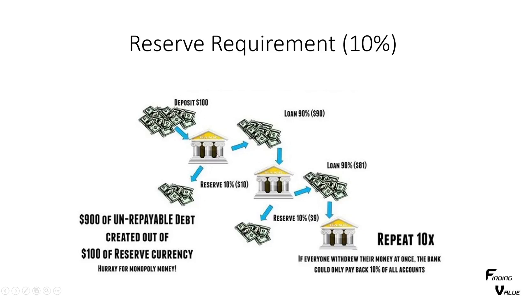And what happens is you can do this 10 times and you end up with $100 creating $1,000 in the system. So the commercial banks are the ones that are exploding the leverage in the system. That is where the inflation comes from. And it's very important to understand this because it affects the market conditions that we're investing under.